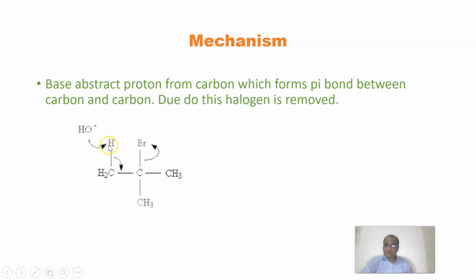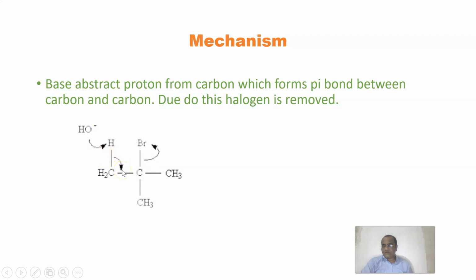This arrow indicates the flow of electrons, and after that the bond between this carbon and hydrogen breaks, and it forms a pi bond, right? As the pi bond is formed, the valency of carbon becomes different. The valency of carbon is 4, and now it would become 5 due to formation of this pi bond.